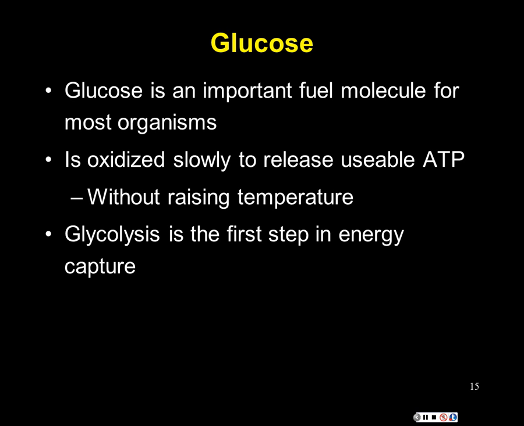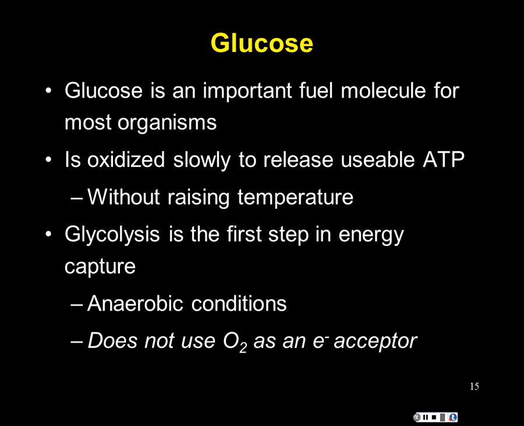In this pathway that we're going to study, the first step that we'll start with is glycolysis. And glycolysis does occur under anaerobic conditions. What does that mean? Without oxygen.